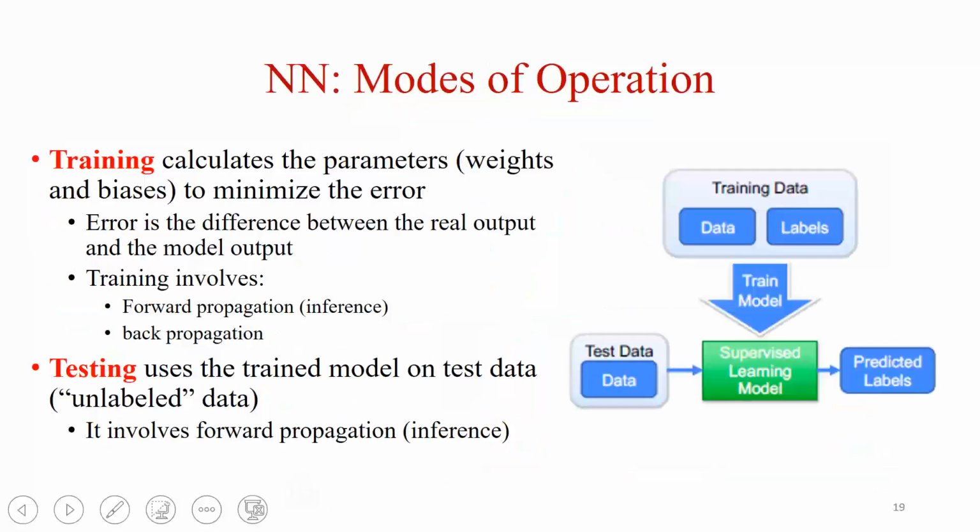Okay, modes of operation of our neural network. Now, we talked about the parameters, and basically those are the W's and the biases, okay? And where did we get them? Well, we compute them during training for the data. During training the model, we use some of the data.